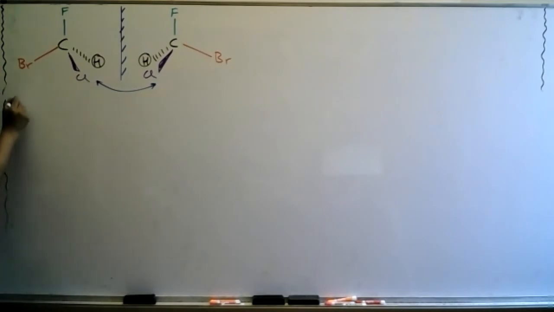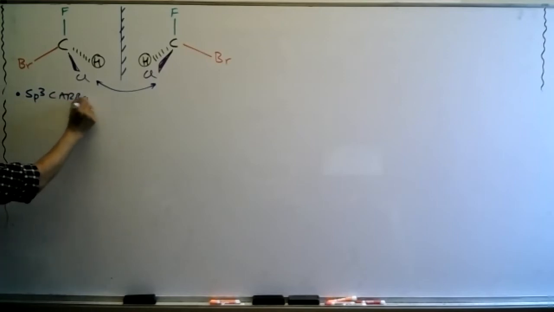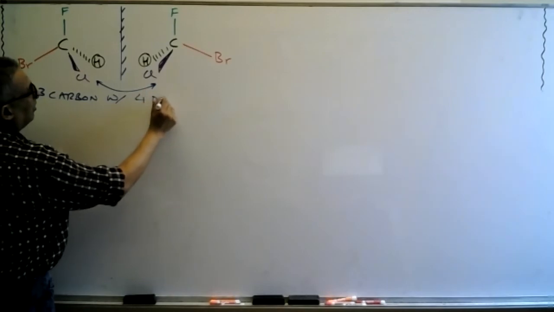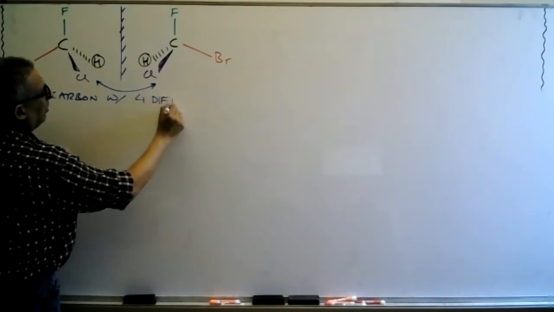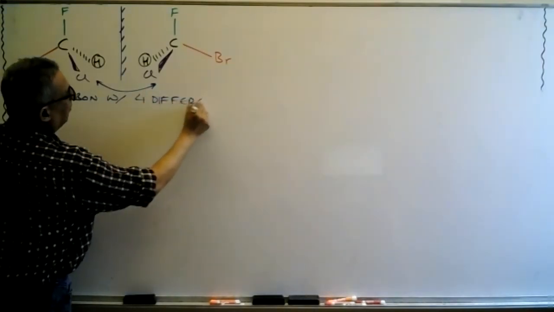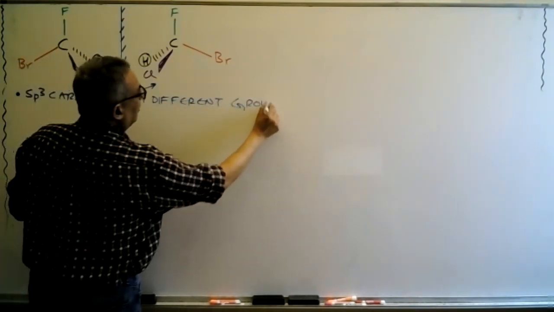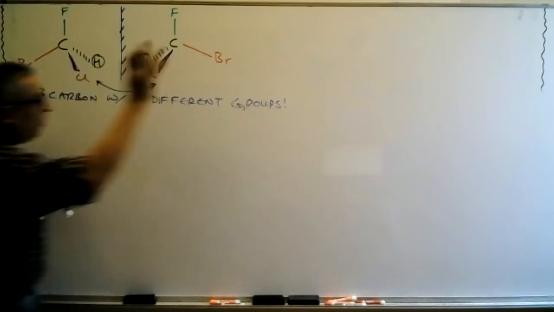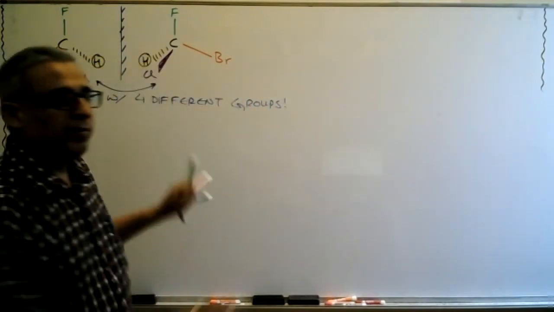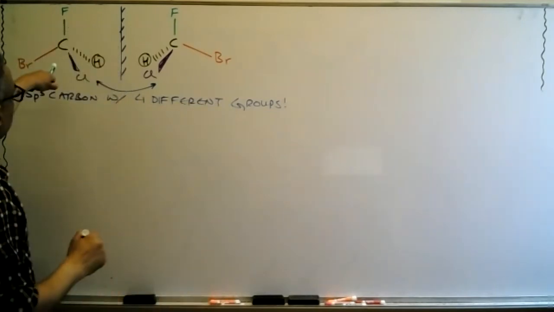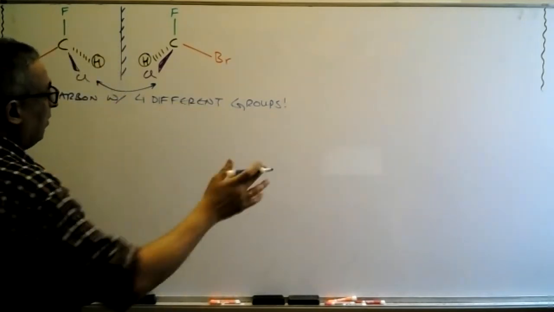Number 1, sp3 carbon with 4 different groups. Number 1 bullet point. What do we see? They're both sp3 carbons. These carbons are sp3 and it has 4 different groups or atoms.